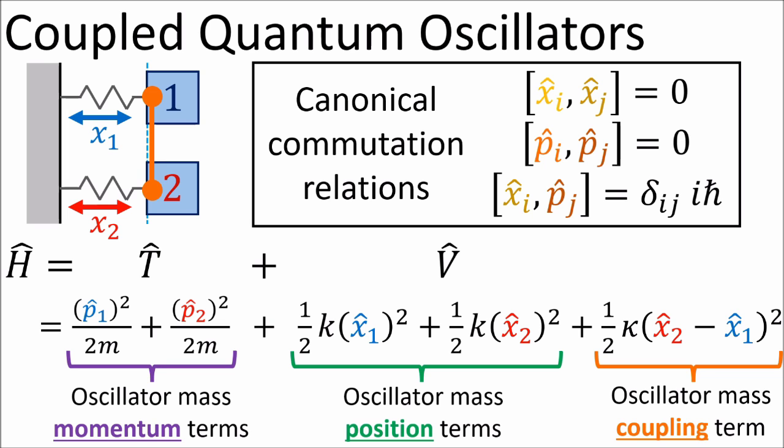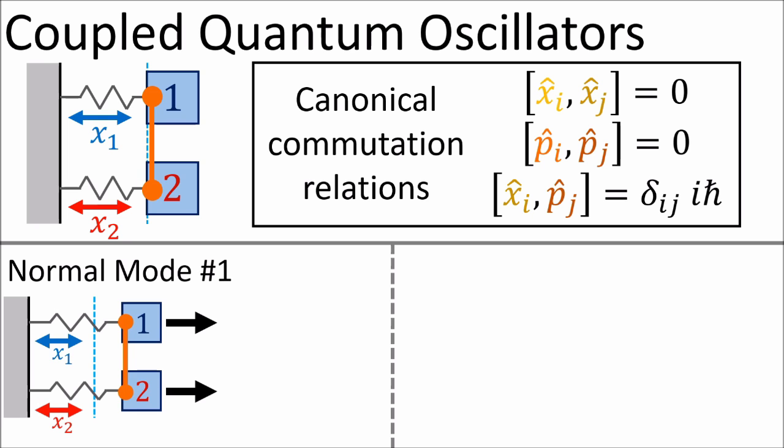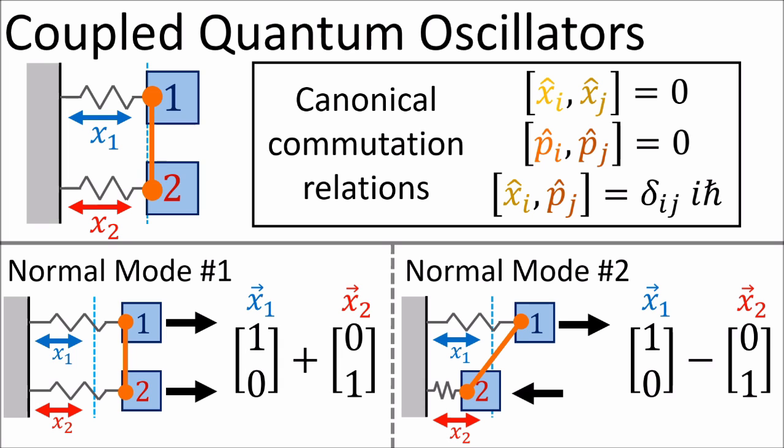Now, in classical physics, we saw this system was difficult to solve until we found the normal modes, which were two completely independent solutions we could add together in different amounts to get more complicated solutions. The first normal mode had the masses oscillating together, and the second normal mode had the masses oscillating in opposite directions. We can also use these normal modes in quantum mechanics.